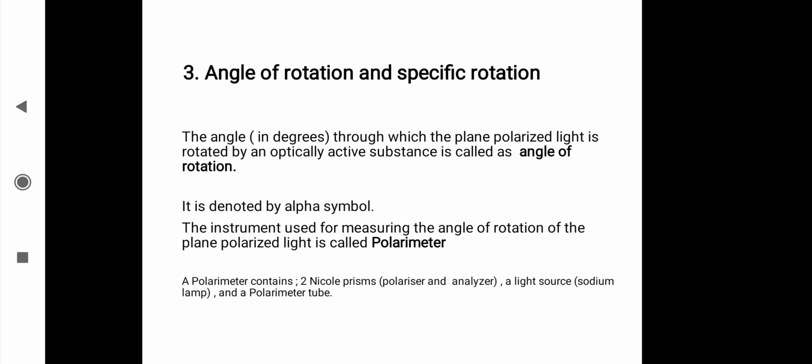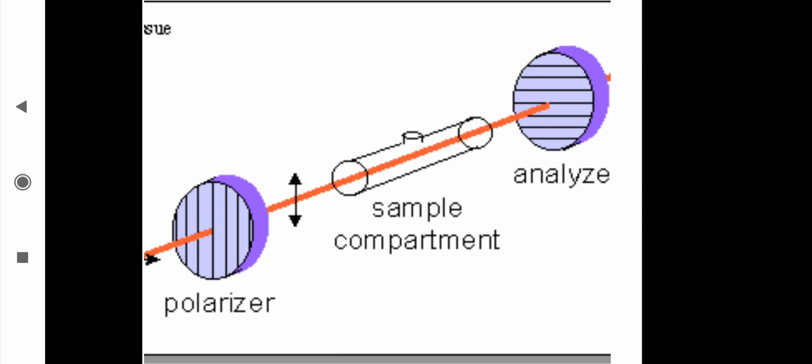I told you before that a polarimeter consists of two nickel prisms, one the polarizer and one the analyzer, a light source, usually a sodium lamp, and a polarimeter tube. You can see in this image a polarizer, the sample compartment, and the analyzer. In this image, normally there's a light source. It's not shown in the image because of some issues.